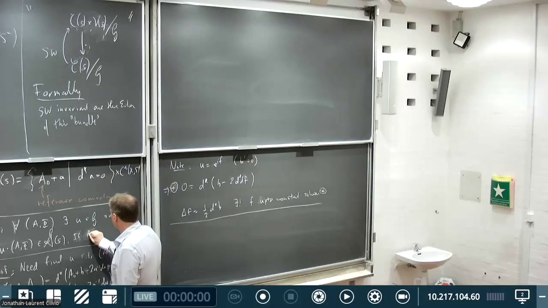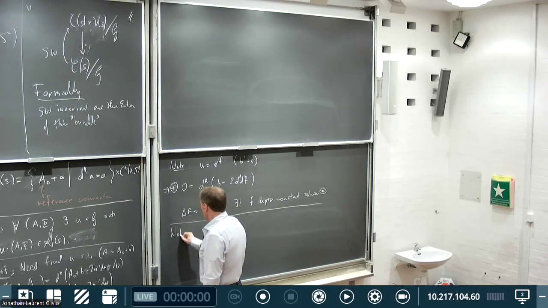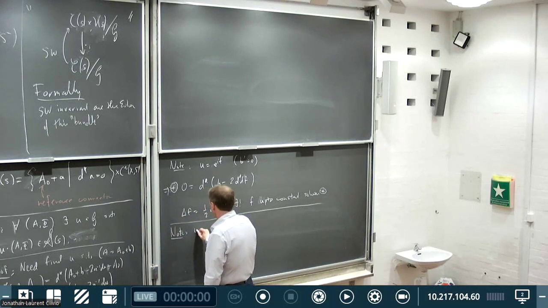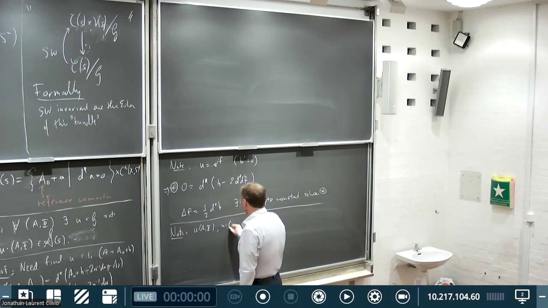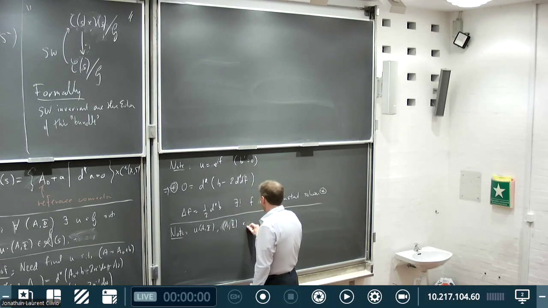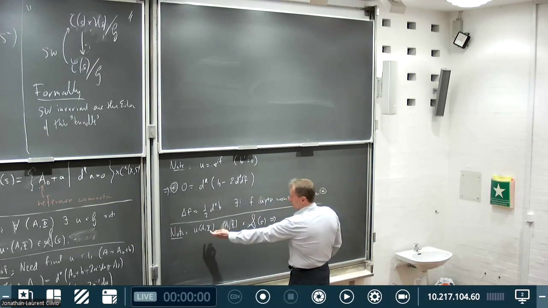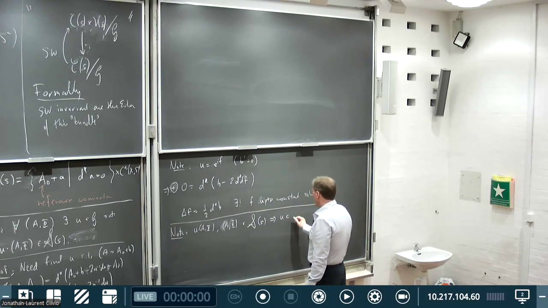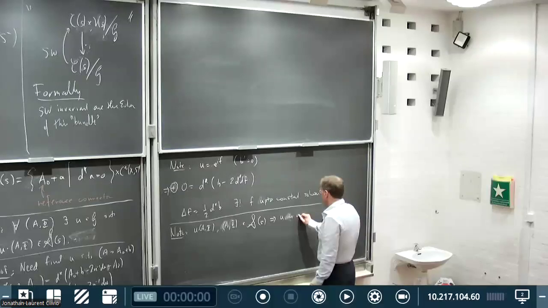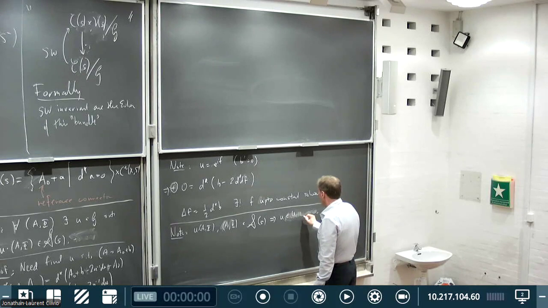In addition, we learned that if U dot A and A are both in this slice, then U must be e to the i f for a constant, so U is a constant gauge transformation, U is in U1, a constant.